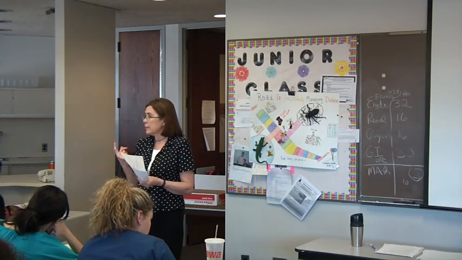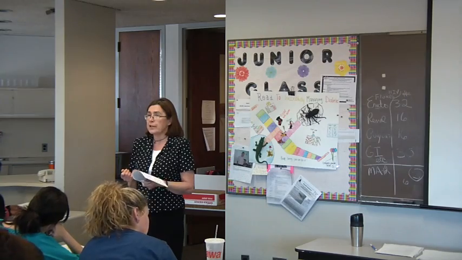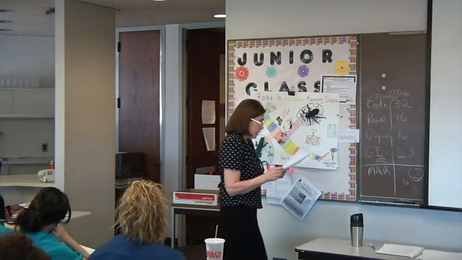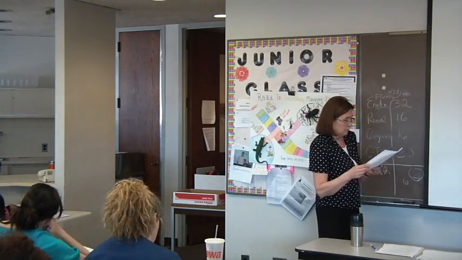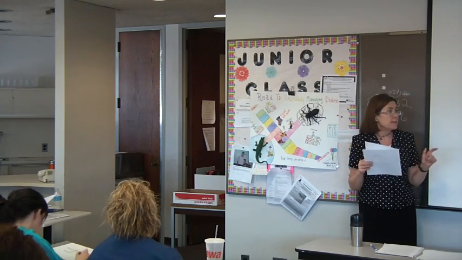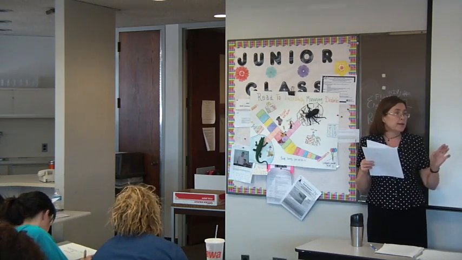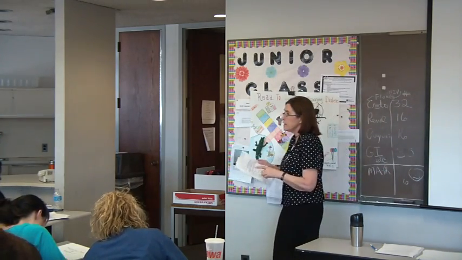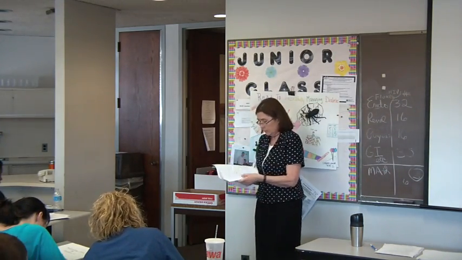So BUN will increase. This is one of the manifestations of kidney failure. What is oliguria? No, not absence. Anuria is absence. Oliguria is decreased volume of urine being produced. Polyuria is poly, more.